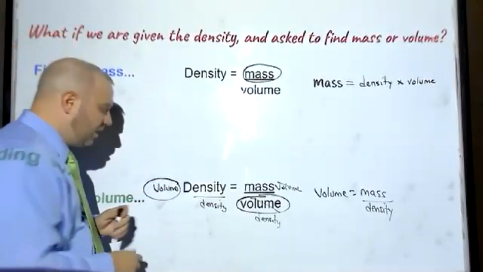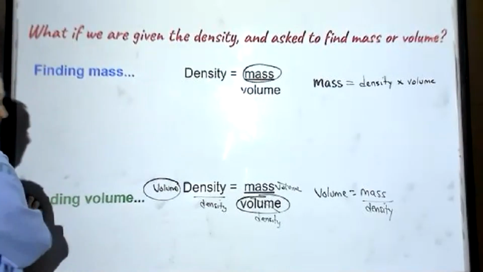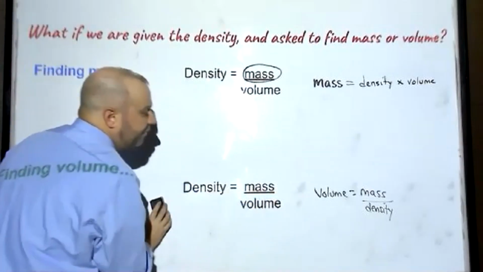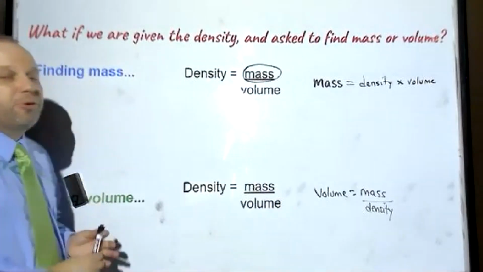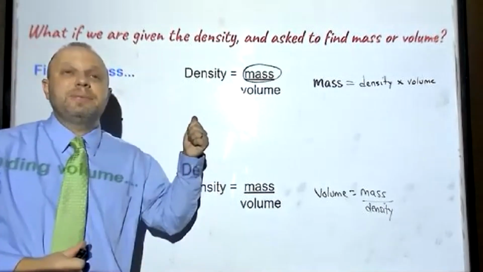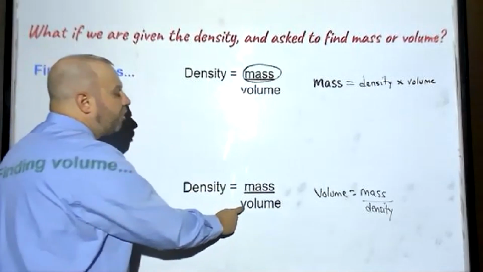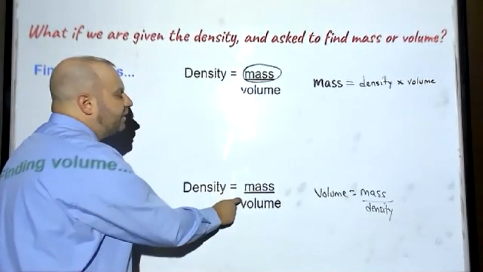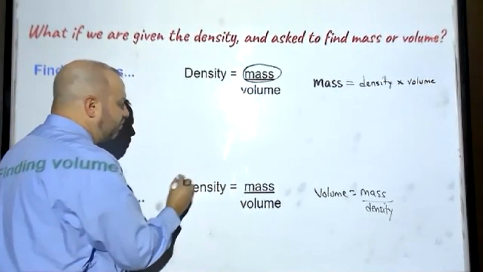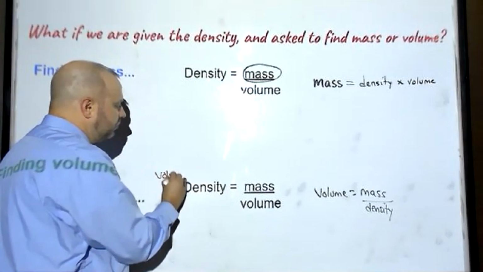So keep in mind, another way to look at this, if this is easier, remember the two criteria. It has to be on top and it has to be by itself. So if I'm solving for volume, I can move something directly across the equal sign. So I can move volume over here.